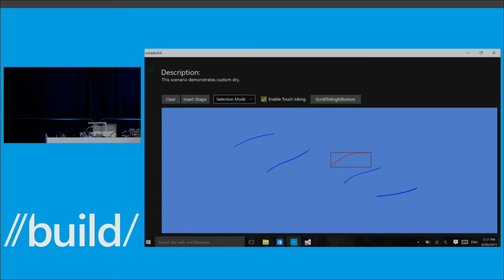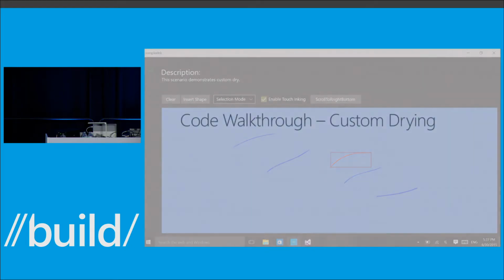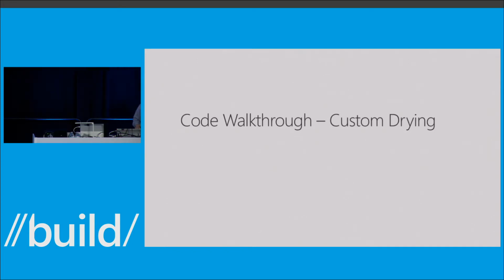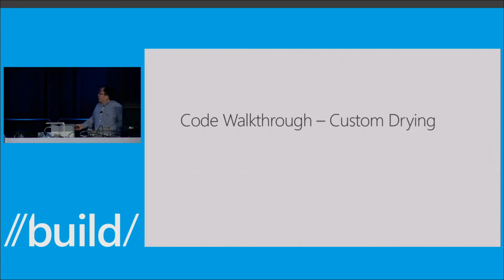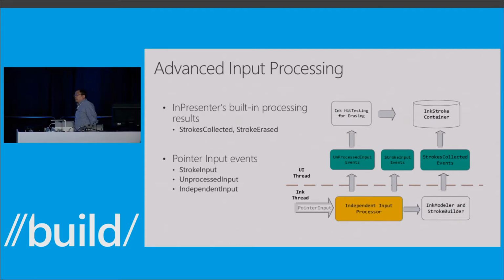This takes us to the next topic. I'm going to talk about advanced input processing. So let's first step backward to take a look at the event model of ink presenter. As Francis showed you before, in the default dry mode, when we do some processing, we use the input to ink, we raise the stroke collected event.